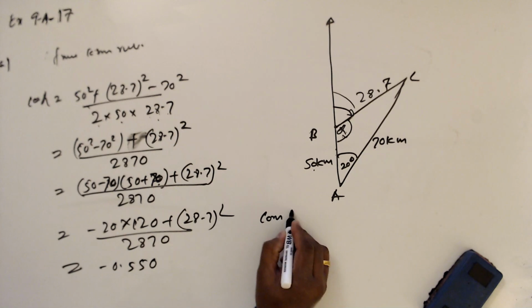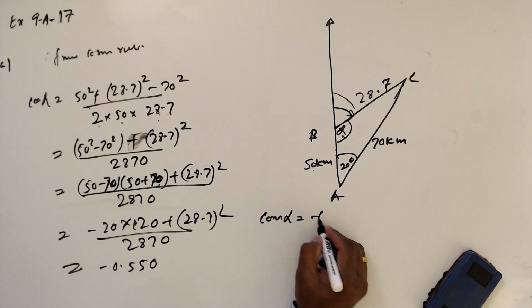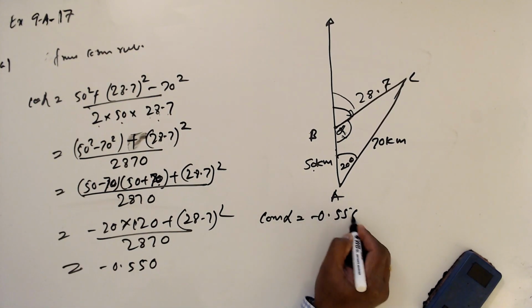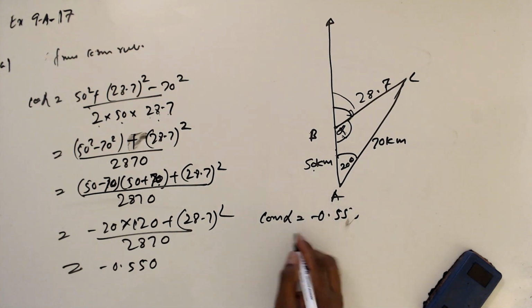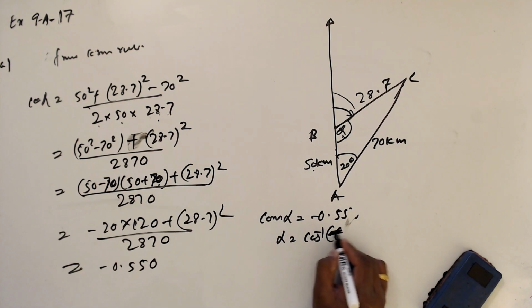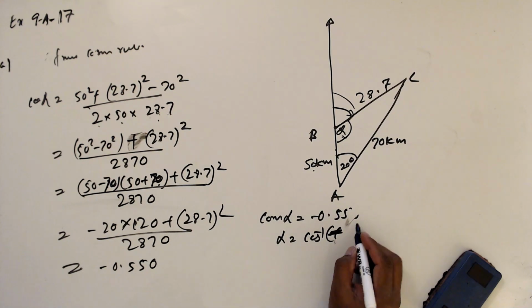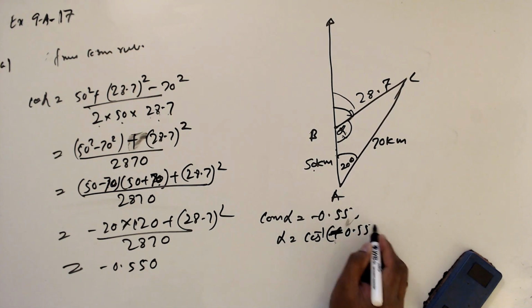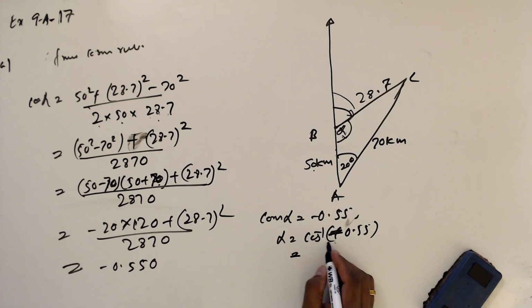So cos alpha equal minus 0.55. Alpha equal cos inverse minus 0.55.